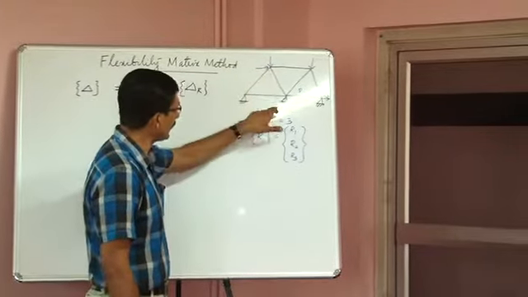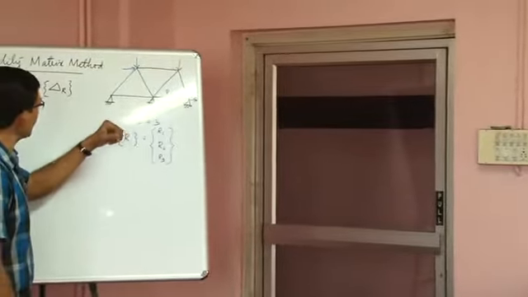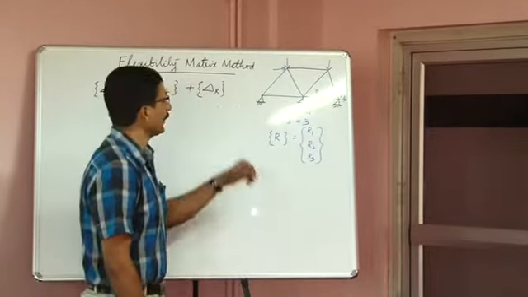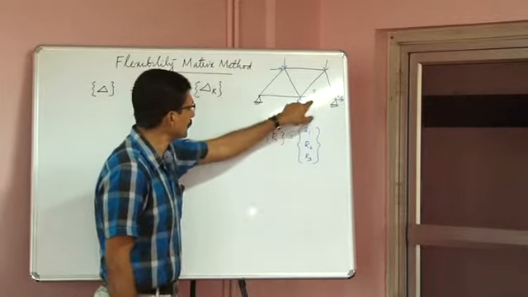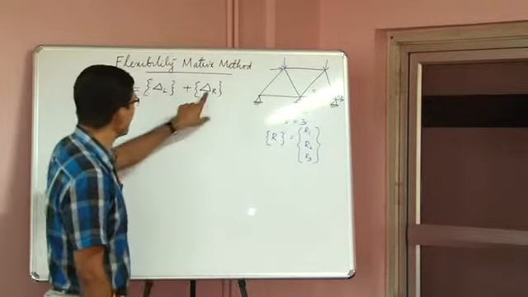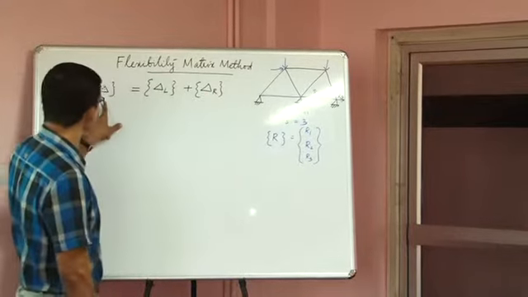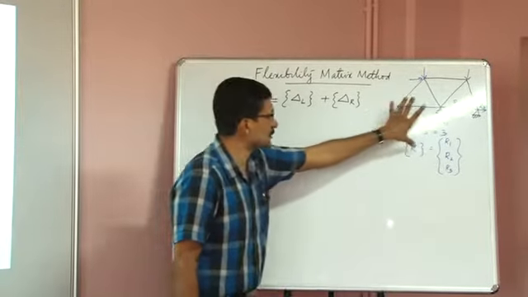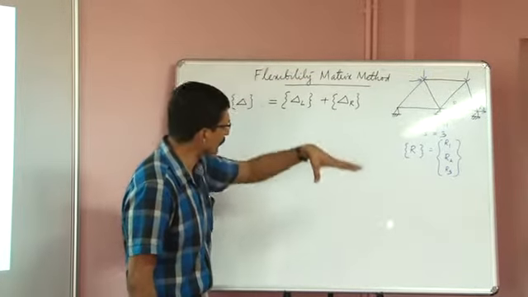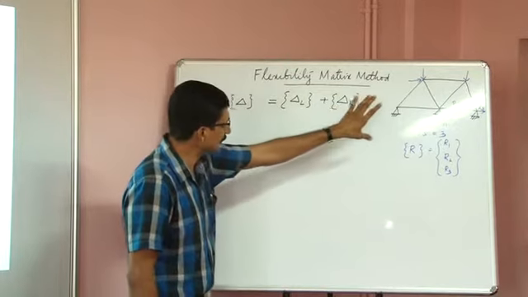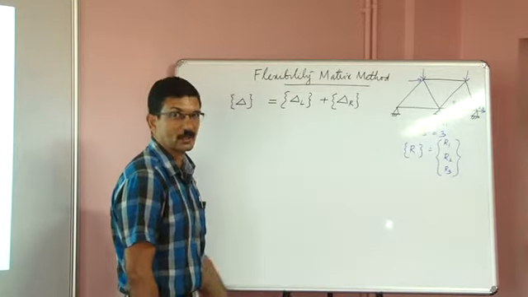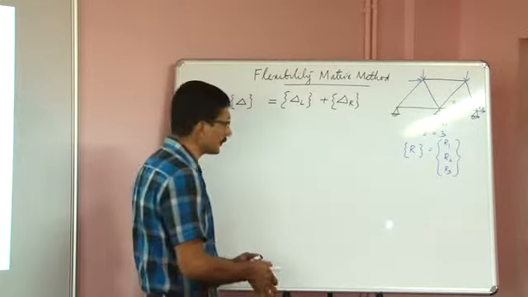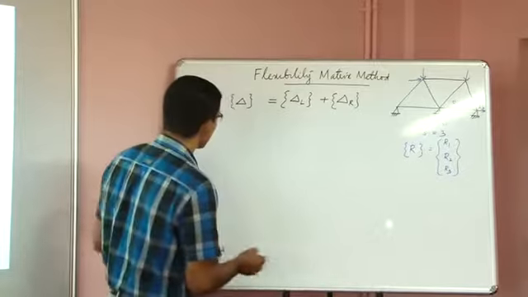Once you apply R1, R2 and R3 back, the deflection due to R1, R2 and R3 along the directions 1, 2 and 3 would be the components of delta R. So total deflection is equal to the deflection along the specified directions due to externally applied forces plus deflections in the directions due to the unknown forces, unknown R's. Essentially, this equation is a compatibility condition because this is an equation of displacement. So you can call this a compatibility equation.